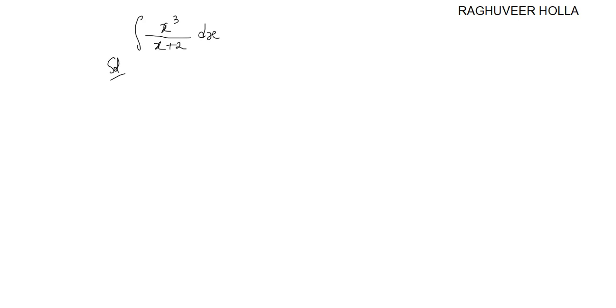Now the integral of x cube divided by x plus 2. Let us try to solve this here. Now let me put x cube, adding 8 and subtracting 8, divided by x plus 2 and dx.